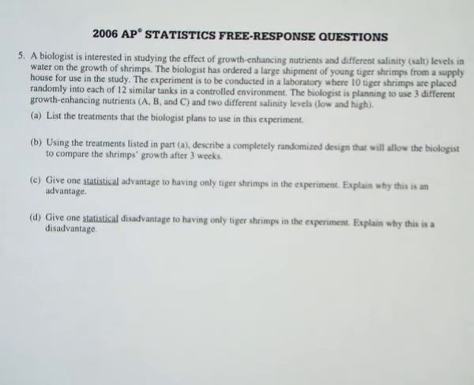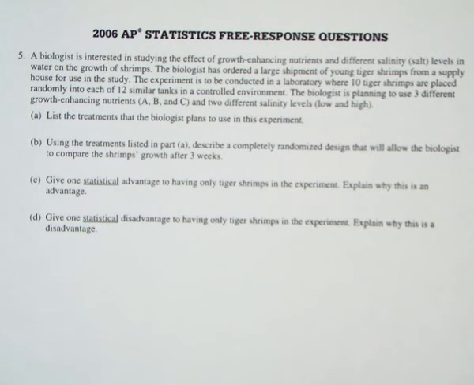Okay, this will make it easier to identify any treatment effects that may be present. Okay, because tiger shrimps are going to have less variation in their makeup, that will allow us to draw better conclusions based on tiger shrimps.